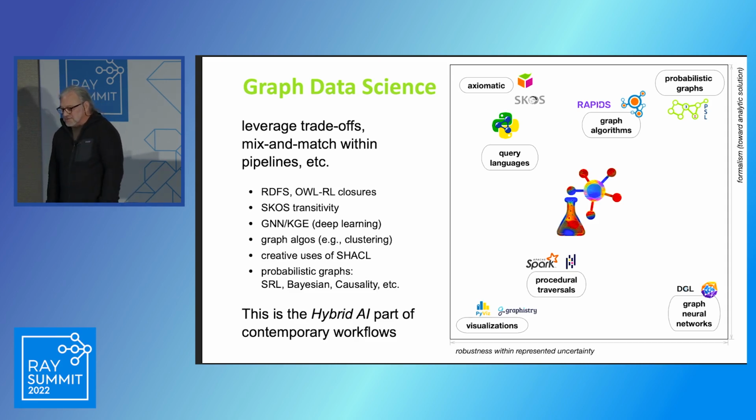There are really fantastic things you can do in probabilistic graphs, but it's not the same graph if you want to run a Cypher query. And it's not the same graph if you want to run some sort of NetworkX or cuGraph graph algorithm. Or if you want to drop down into bulk synchronous processing and do procedural traversals like in GraphX. Also not the same graph if you want to be doing visualizations. And graph neural networks are doing their own thing. So are the people over in W3C.